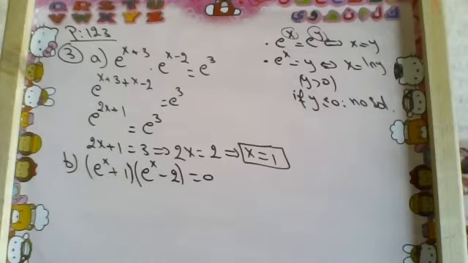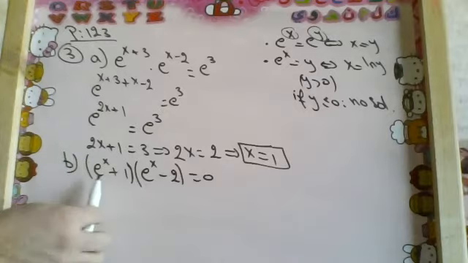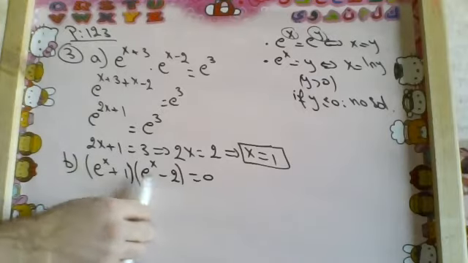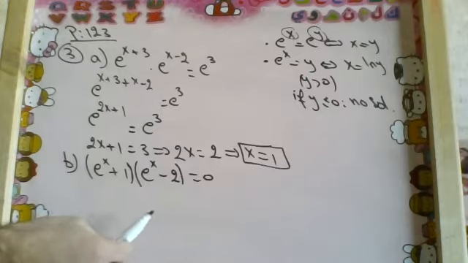Isn't this a minus b times a minus b, or a minus b times a plus b? First of all, it is not a minus b times a plus b, because here you have 1 and 2, not the same number.